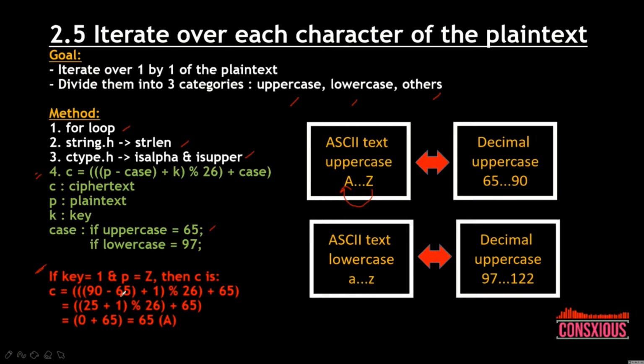So 90 minus 65 plus 1 is the key, modulus 26 plus 65, there's a bracket here. Once we minus the case here, we get 25. The key we have to plus 1. So 25 plus 1 is 26. 26 mod 26 becomes 0. So 0 plus 65 is equal to 65. So it means A. This is actually what we want for this problem.